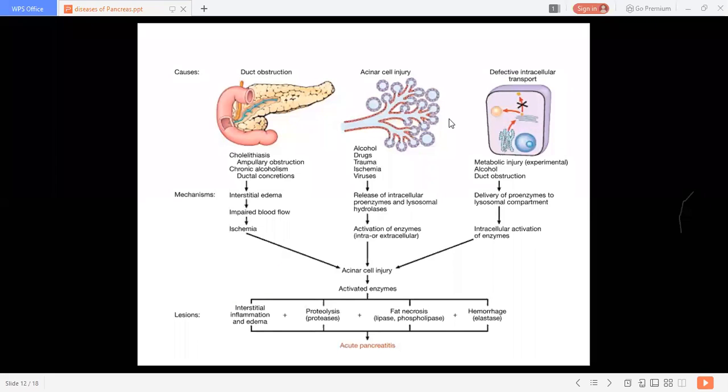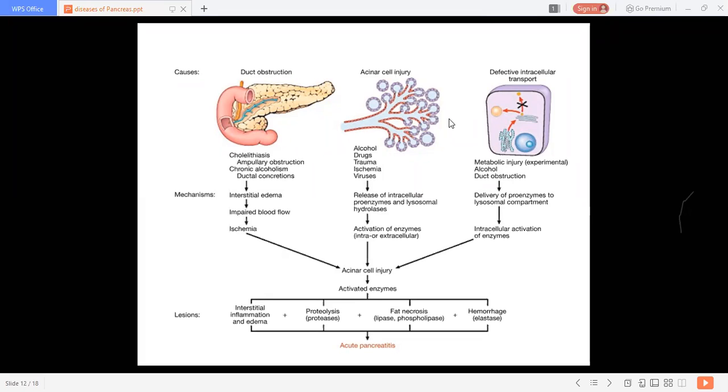What are the mechanical causes? Mechanical causes are trauma, intestinal trauma. No, not shock; shock comes under another group of causes, vascular.